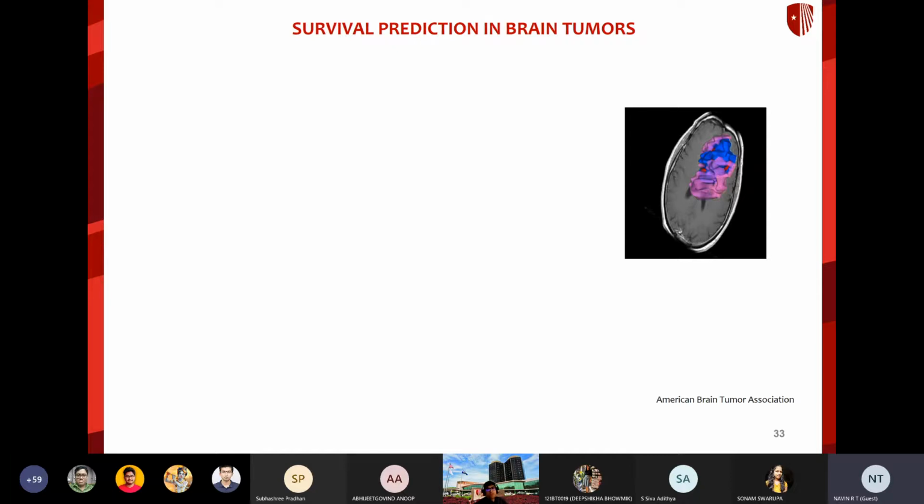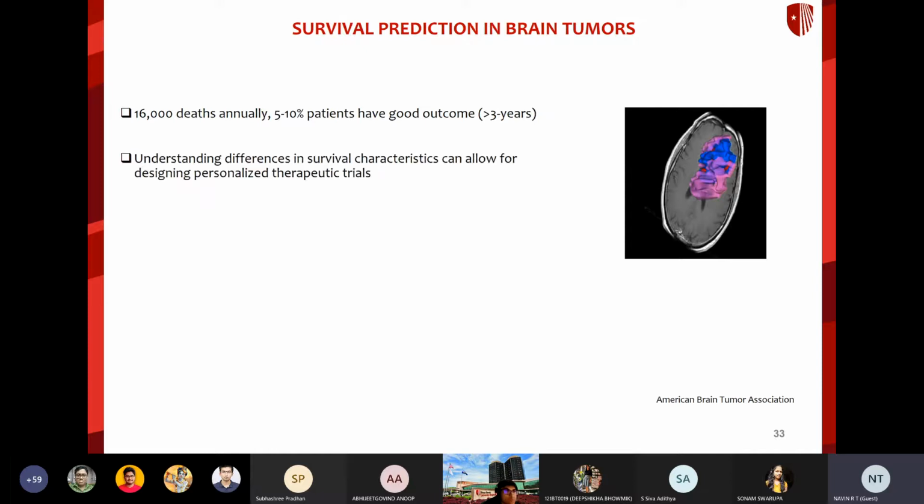So the second challenge in the field of brain tumor management is predicting clinical outcomes on treatment-naive imaging. There are close to 15,000 deaths every year from patients suffering from GBM. Only about 5 to 10% of patients have a good outcome, which is greater than 3 years of survival.